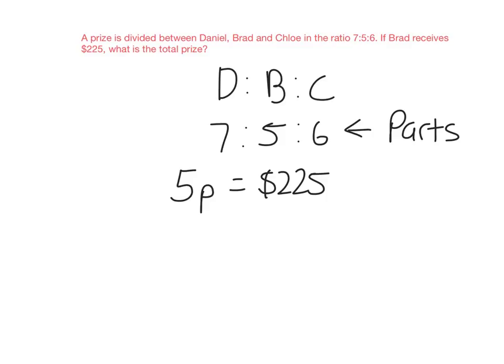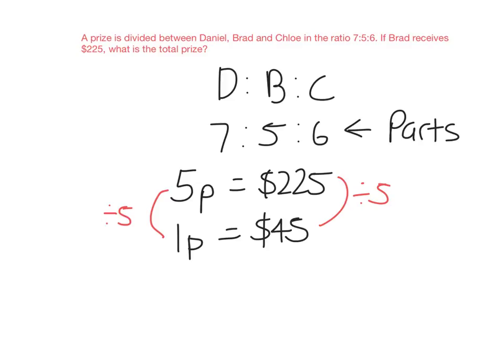So I've got to figure out how much 7 parts is worth and how much 6 parts is worth. I'm going to first figure out how much 1 part is worth. If 5 parts is worth $225, I divide by 5. 1 part will be worth 225 divided by 5, which is 45.